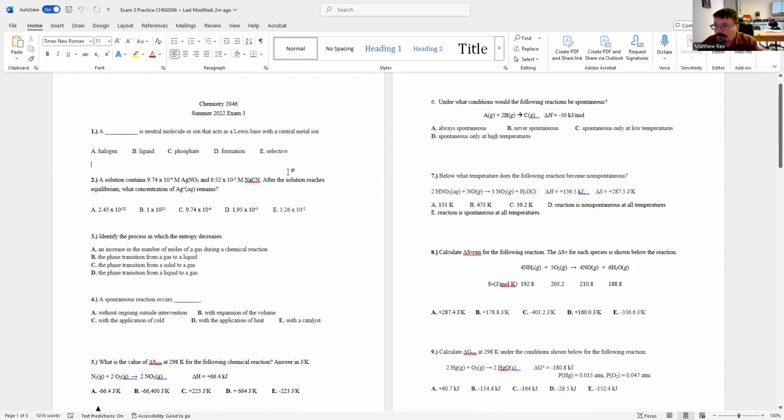Our solution contains 9.74 times 10^-4 molar silver nitrate and sodium cyanide. After the solution reaches equilibrium, what concentration of silver remains? All right. So this again is chapter 18.